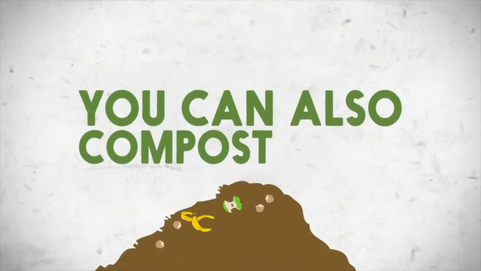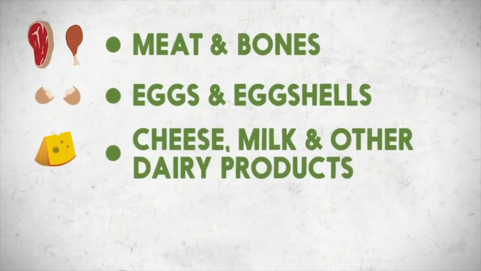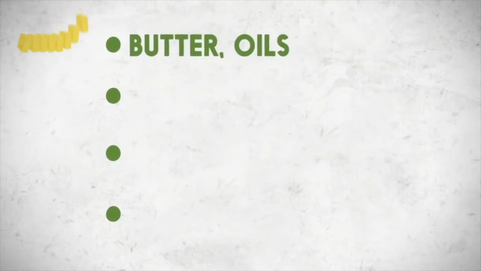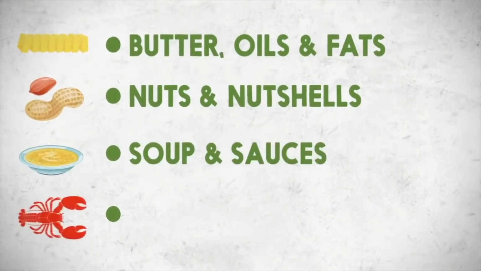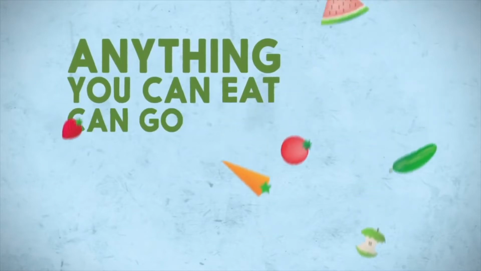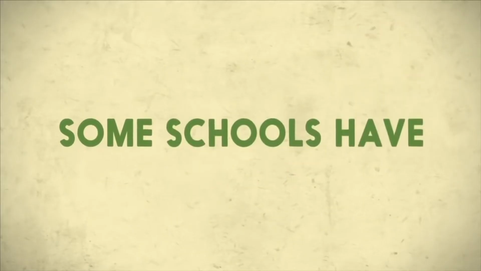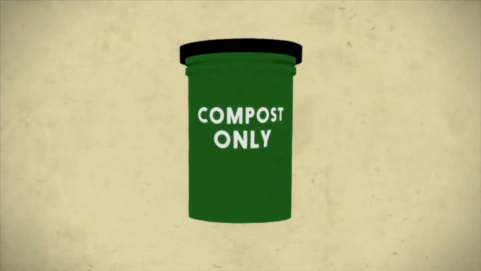You can also compost any of these: meat and bones, eggs and eggshells, cheese, milk and other dairy products, bread, flour and pasta, butter, oils and fats, nuts and nutshells, soup and sauces, seafood and shells. Basically, anything that you can eat can go in the compost bucket. Some schools also have compostable napkins and dishes that can go in the compost bucket. Ask your teacher if you use these at your school.